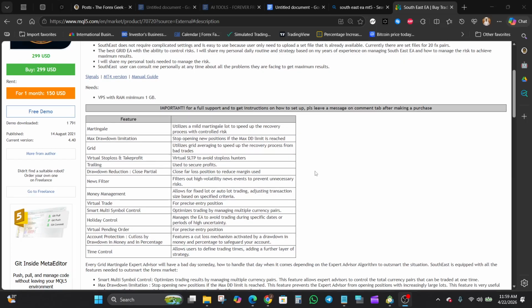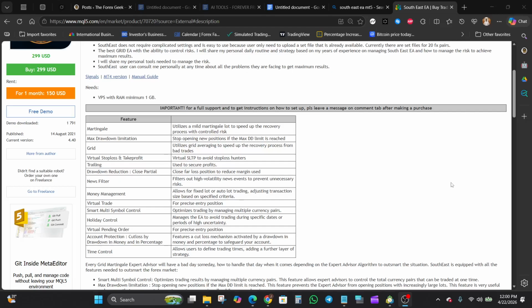So what that means is when trades go into drawdown, the EA can increase position size slightly to help recover losses faster. Now, this is important because it speeds up recovery when the market eventually retraces, but it also increases exposure during prolonged adverse movement. So it's a balance between recovery speed and risk accumulation.